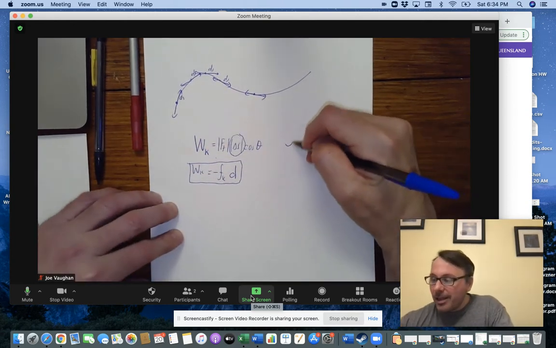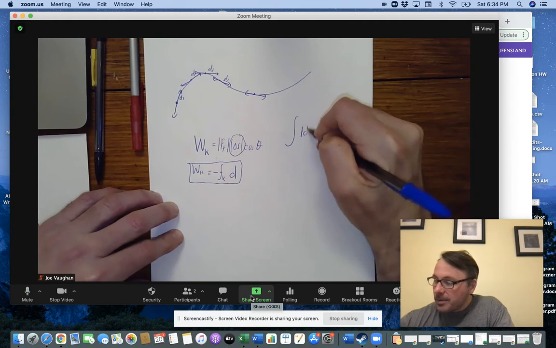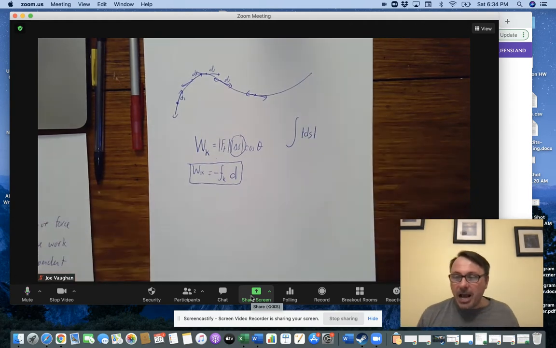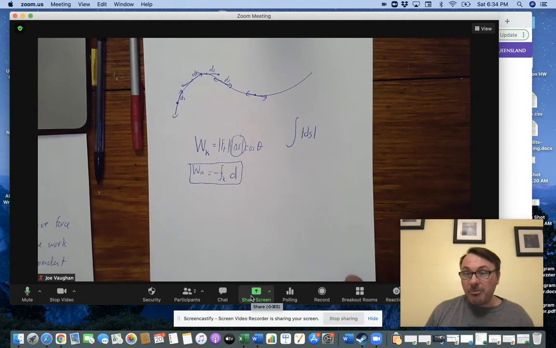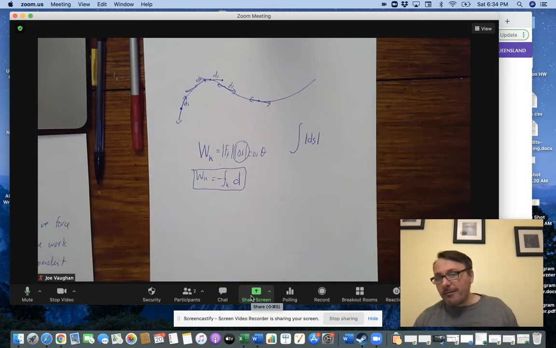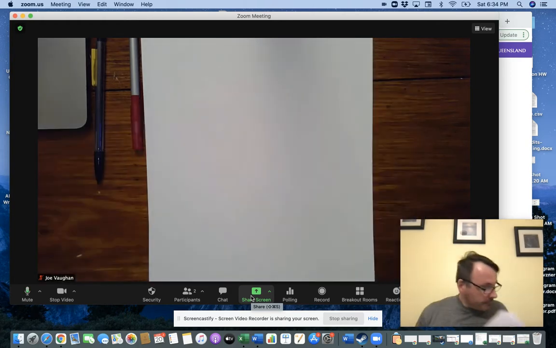If I want to find the arc length of something, I'm adding up all the magnitudes of the ds's. And it looks like such a simple little function there. But for those of you who've done it, you know that it can be quite mathematically challenging. In fact, it often yields integrals that are not solvable analytically and have to be solved numerically. But I'll leave that for your calculus teachers to talk about.